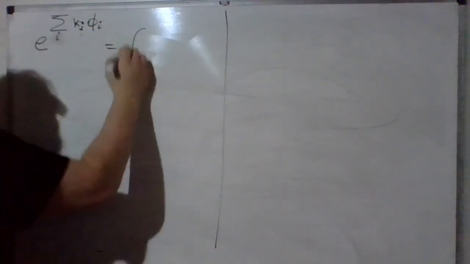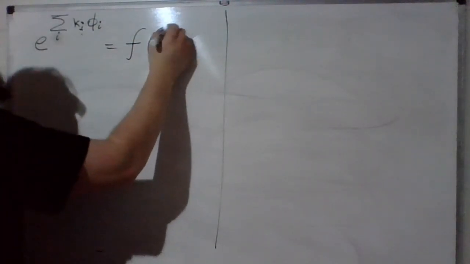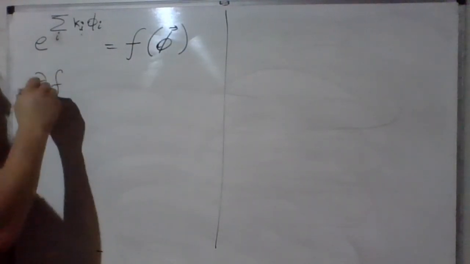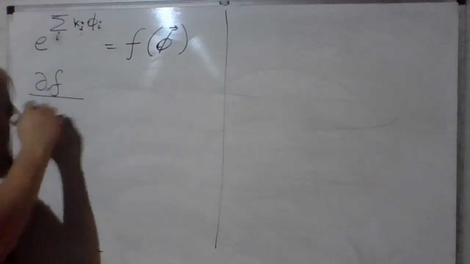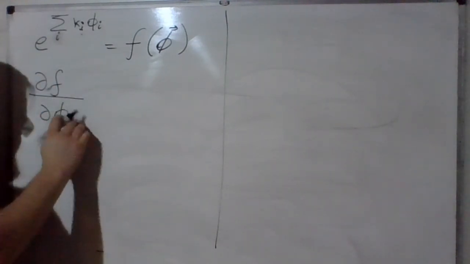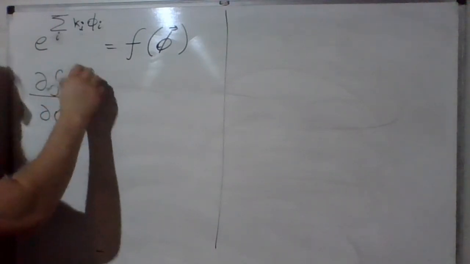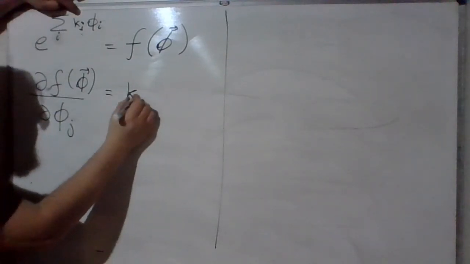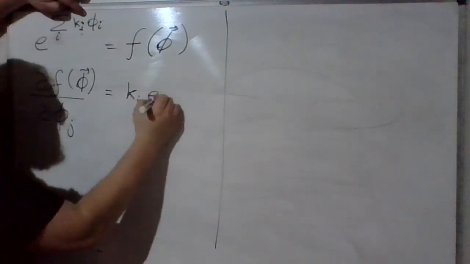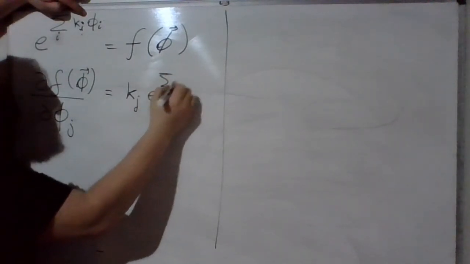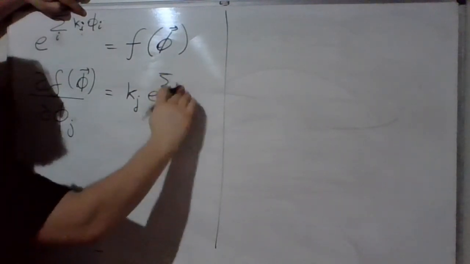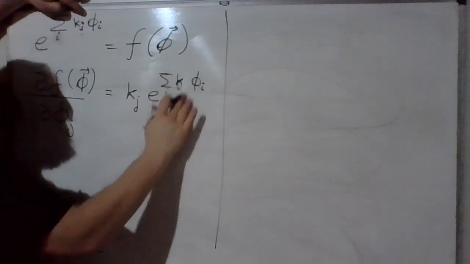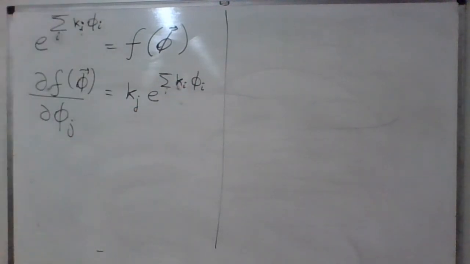So this is our function of the vector field phi. And I am calculating the partial derivative of this function with respect to some phi of j. It produces just the multiplicative constant at that j point and repeats the exponential, summing over i the constants k of i times phi.